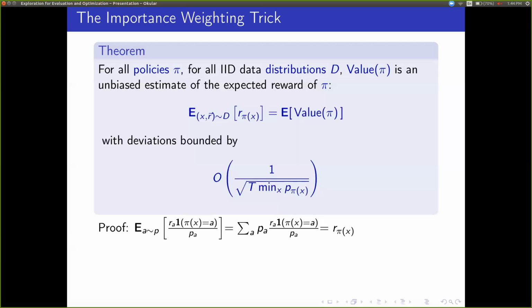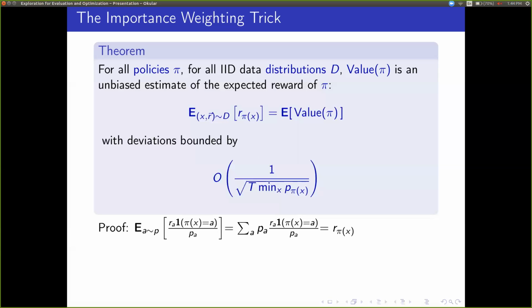Right. So if the probability of the action becomes too small, this is going to blow up, right? But if it's something like uniform, then this is going to be something like the square root of K over T, where K is the number of actions. It's like square root in the size of the action space.